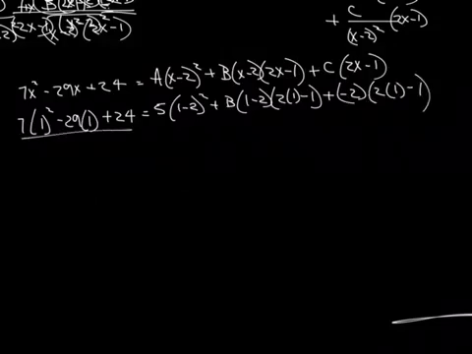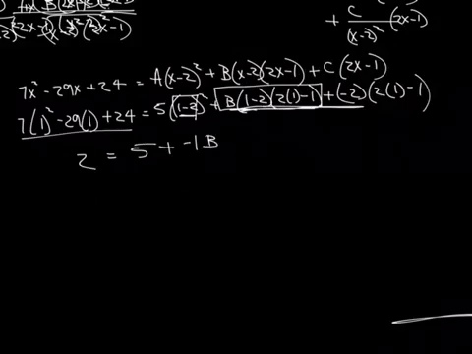Okay, so let's solve this side over here. And we find out it's 2. This is going to be negative 1 squared. So that's 1, so that would be a 5. This right here, this b part, will be just negative 1b when you put all these together.